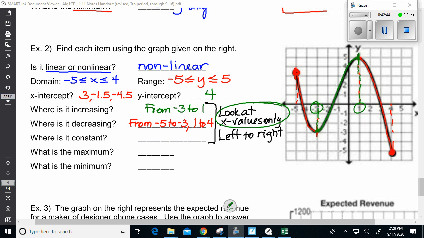But increasing, decreasing, and constant only looks at the x values. So speaking of constant, is there any point where this graph was flat? No. So this is none. Any questions before we do the last part?